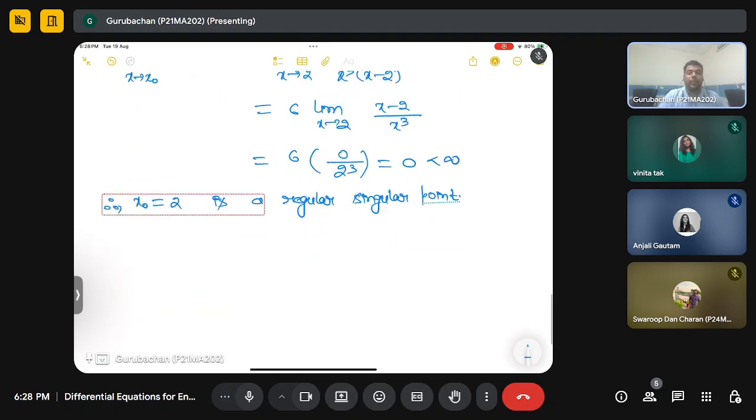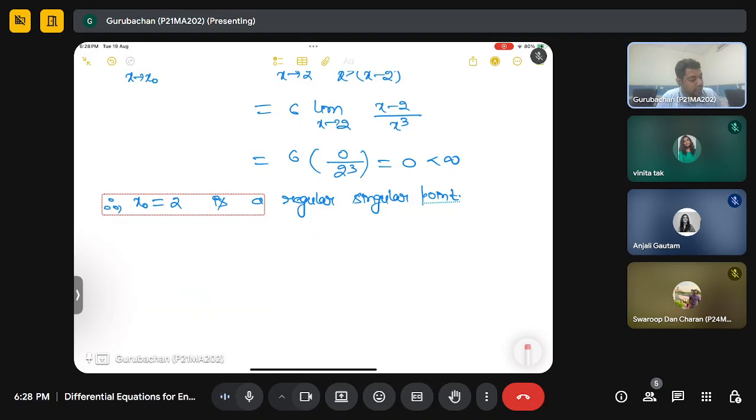Now, why do we check this regularity or irregularity? Earlier we have solved the second order linear differential equation with some other techniques or methods. Here we are targeting to solve these equations with the help of power series solution.